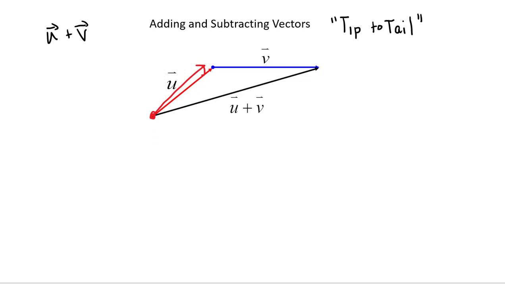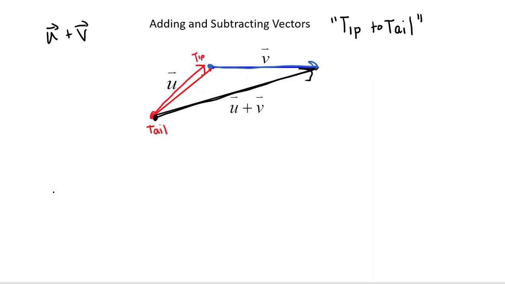And then vector v: this initial point is the tail, and up here is the tip. The tail starts here of our next vector. And the resultant vector, or the sum, is from the tail to the tip of your last vector.